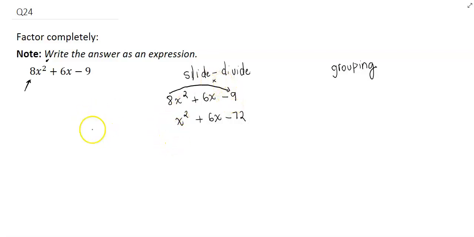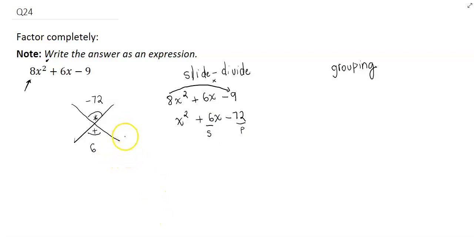Then I reduce this to a lead coefficient of 1. And then I use the x game to find two numbers whose product is negative 72 and whose sum is 6. So the 72 indicates the product and the 6 indicates the sum.